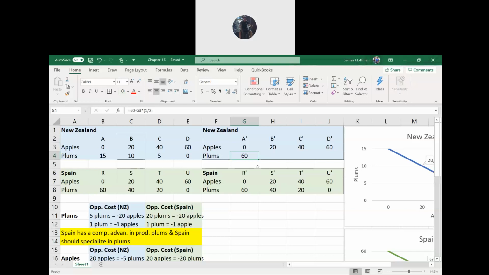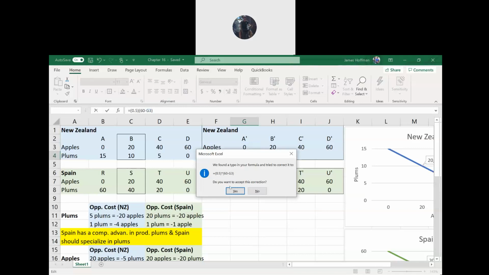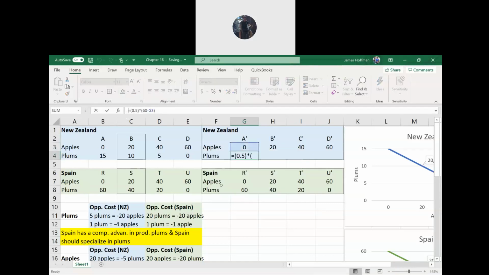We're trading them at 2-to-1 for 30. Okay, there we go.